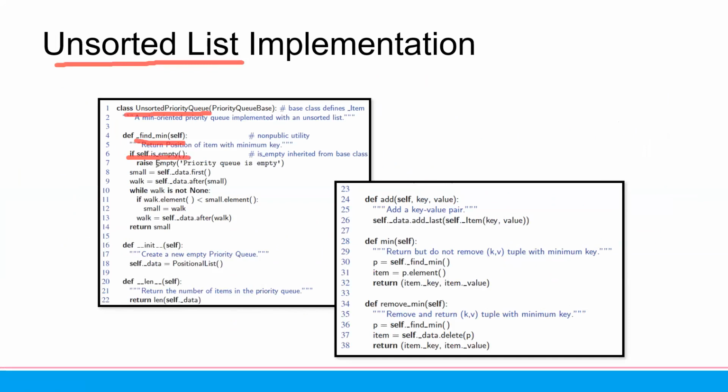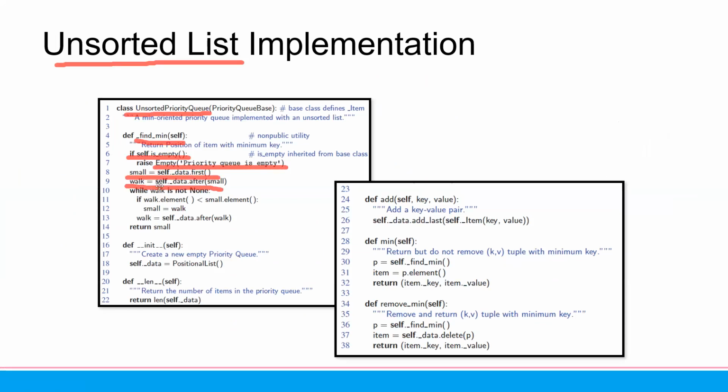If it is empty, then the priority queue is empty. But if it is not empty, let's check the small. The small is the first data. After we assume that the first data is the small, we want to walk, or maybe we can say this is the iteration.